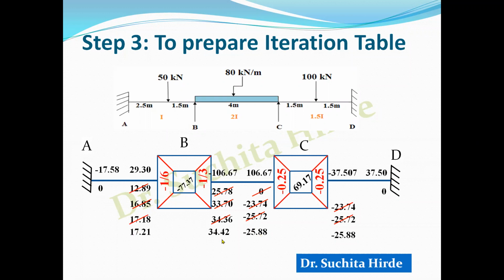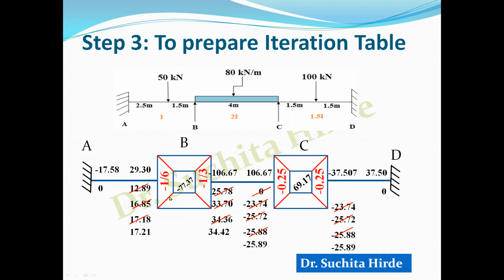So this is the fourth cycle. Again go to joint C, cut the old values and obtain the new values in the same way. Now you can see that this is very close to the earlier value, minus 25.89, minus 25.89. So this completes the fourth cycle.